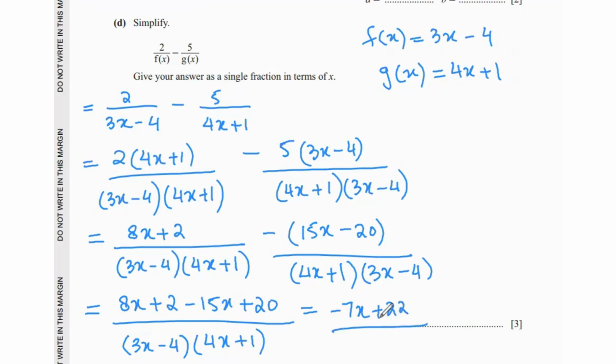So this divided by your denominator, which is (3x minus 4) times (4x plus 1), and that is your final answer. This is the answer as a single fraction. It's simplified, you cannot further simplify it, and it's in terms of x.